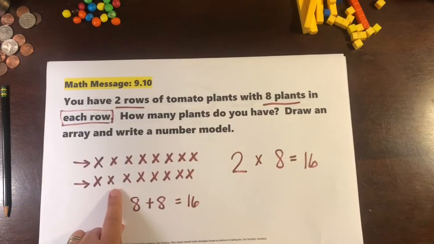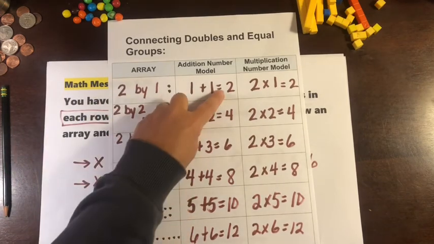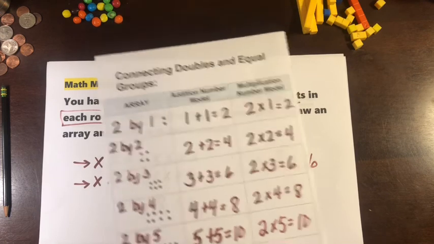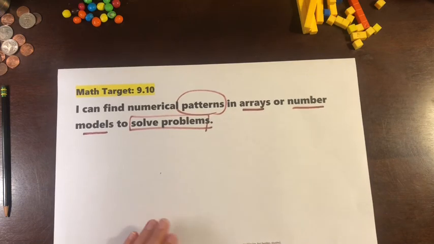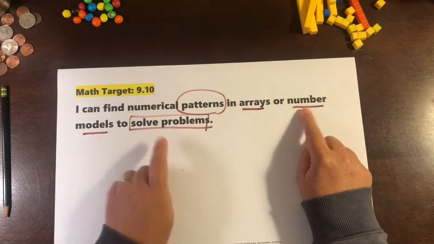We had the 2 rows with 8 plants in each row, and we saw that the pattern was with our arrays, when it's with doubles facts, is that when we look at groups of 2, all the numbers are going to be even and all the facts are going to be double facts. So that would be a good way for us to be able to set up our multiplication. So that was math lesson 9.10, and our target again was that we saw the patterns, we built arrays, and we had our number models to solve our problems.